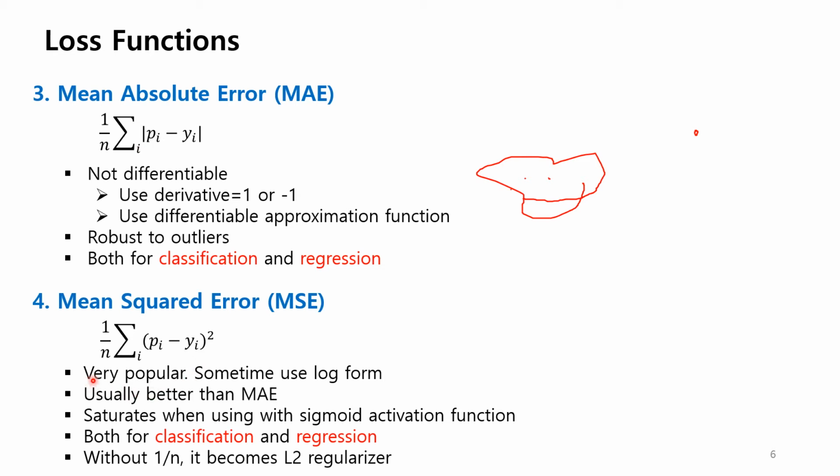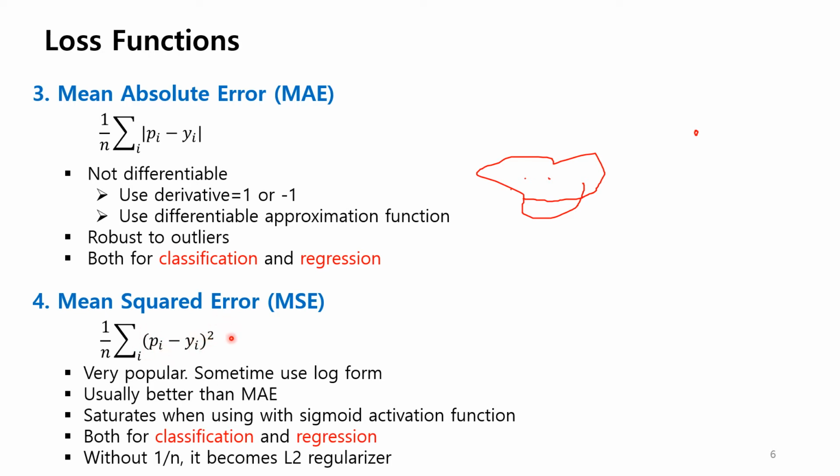Actually, this is a very popular loss function. Sometimes we use a log form of this. So instead of this, we use log pi minus log yi. The reason is we put log when these pi and yi values are big. Think about it: if these values are very big, its square is huge, right?